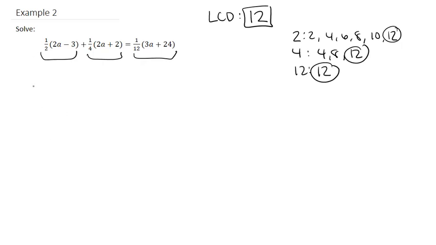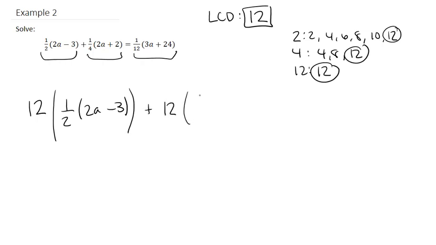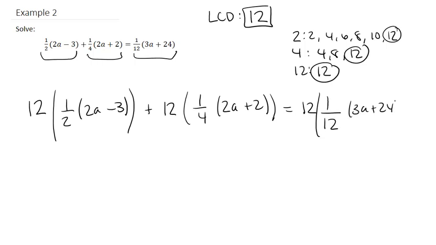If we multiply each term by 12, we have 12 times 1/2 times (2a minus 3), plus 12 times 1/4 times (2a plus 2), which is equal to 12 multiplied by 1/12 times (3a plus 24).